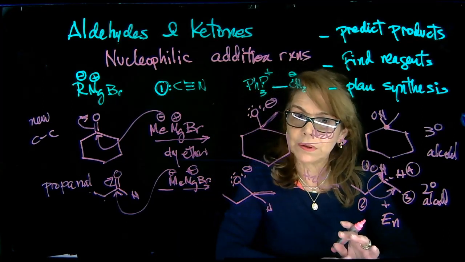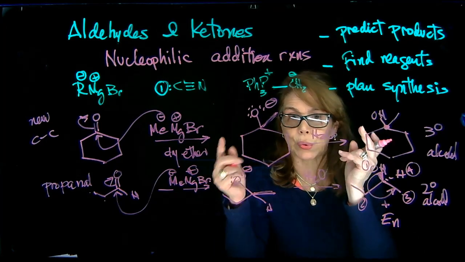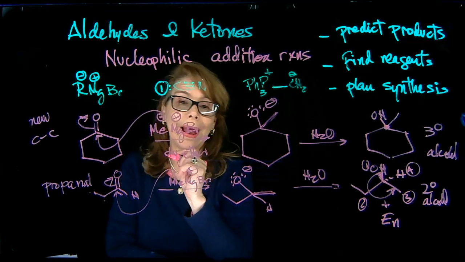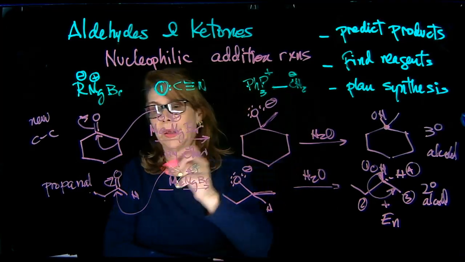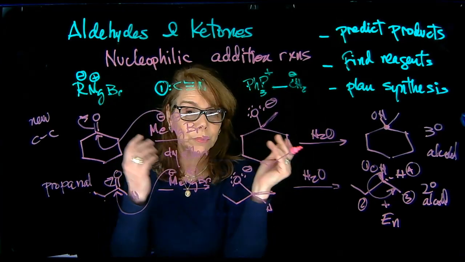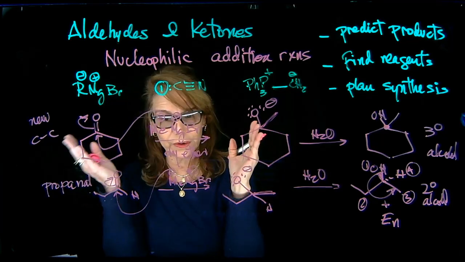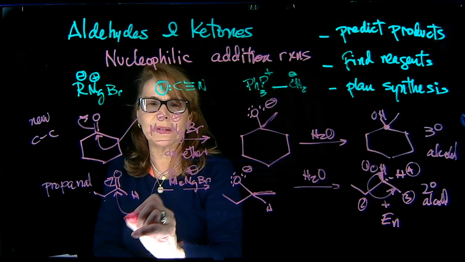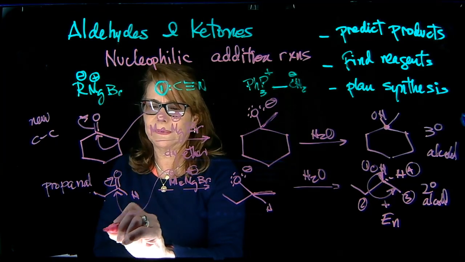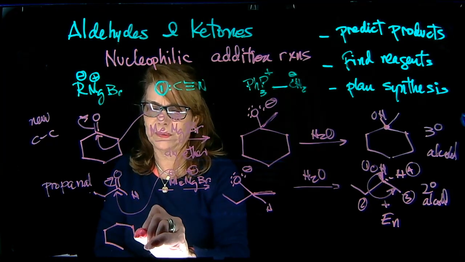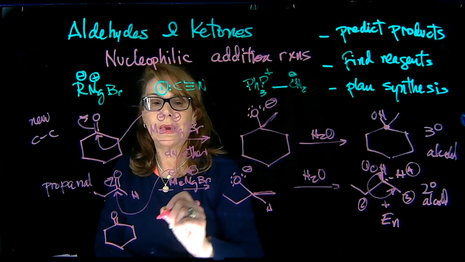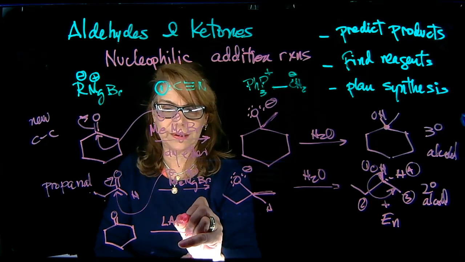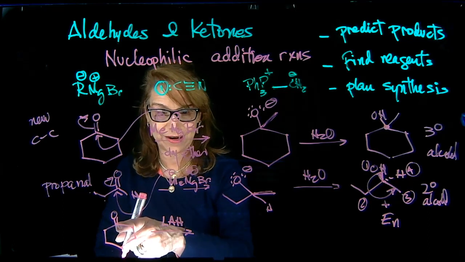But what I want you to see is the contrast between Grignard reactions and what would you get if you use the hydrides? Because hydrides are similar in the sense that they are very strong nucleophiles, the attack is direct. But if I use, for example, this same molecule that I had above, cyclohexanone, and I do lithium aluminum hydride, I'm going to be adding an H here.